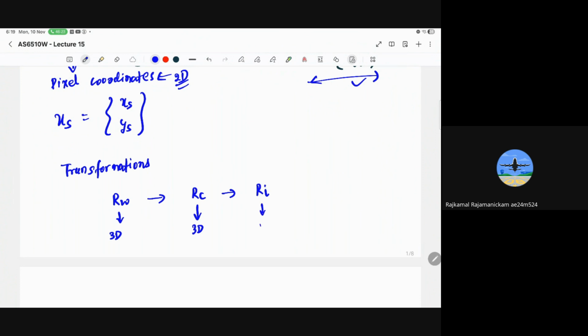This is in 2D. And then finally, we have the digital image, whose coordinate system you can represent by RS. This is also in 2D. In terms of units, this is having physical coordinates. This will also have physical coordinates. This is also in physical coordinates. And this one is in pixel coordinates.